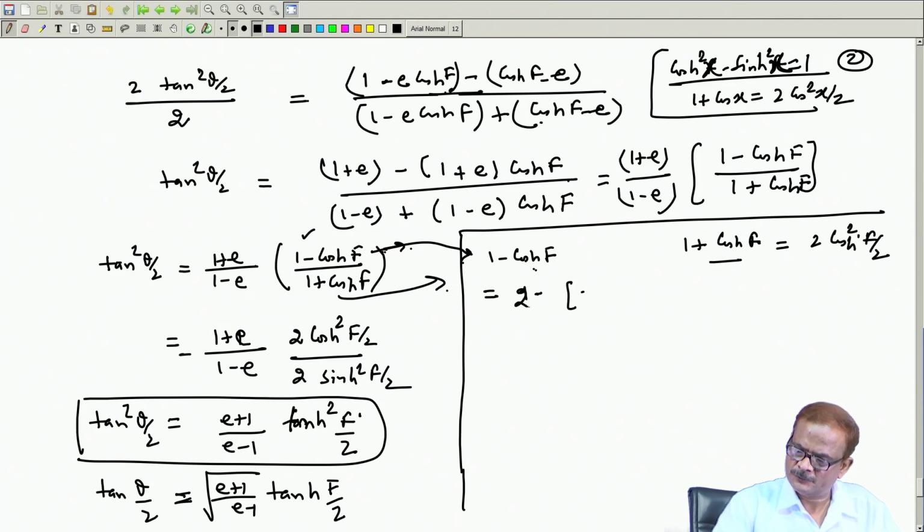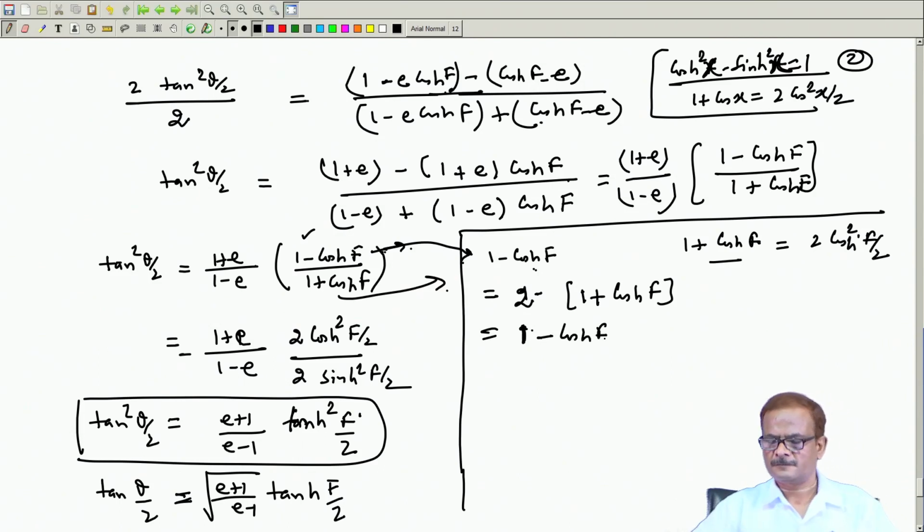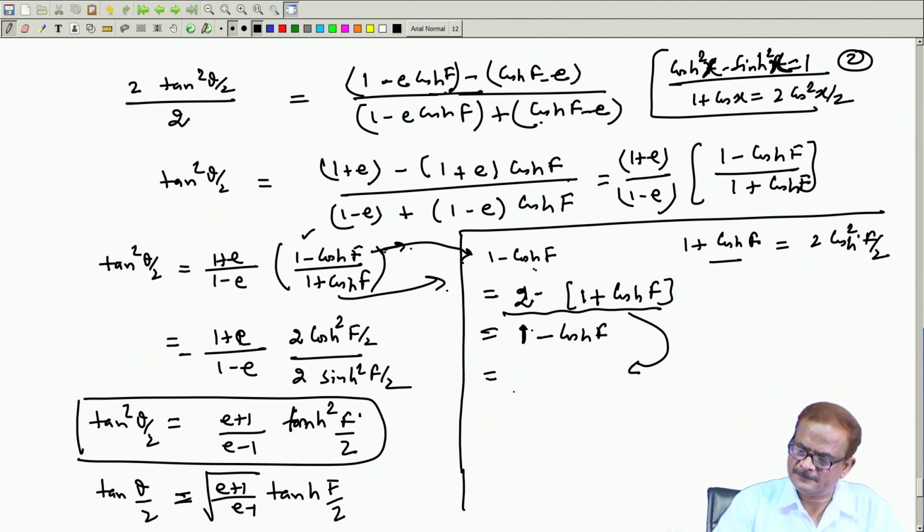So, here we write 2 minus 1 plus cos hyperbolic f, and then see that this gets reduced to this format 1 minus cos hyperbolic f, and this quantity, as you can see, can be written as 2 minus 2 cos hyperbolic square f by 2.